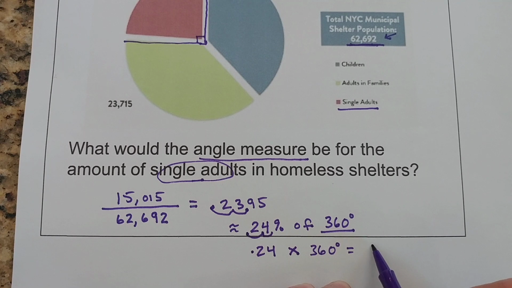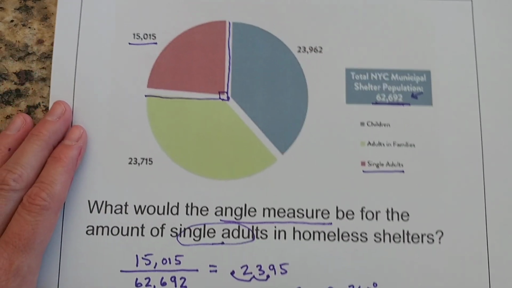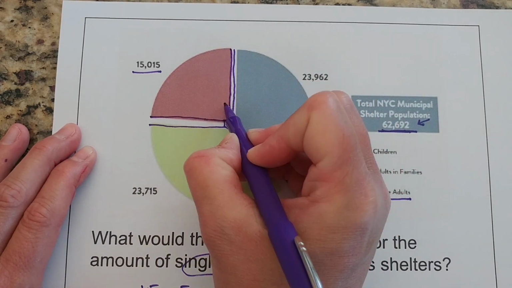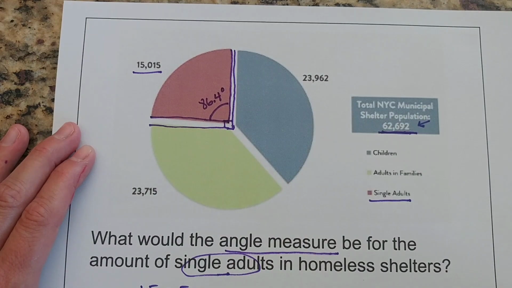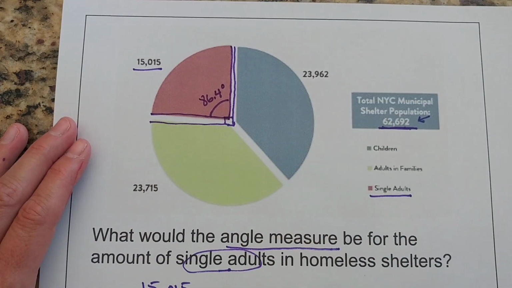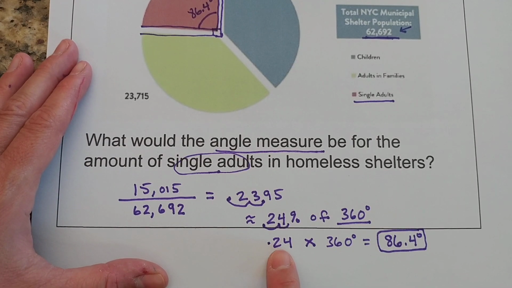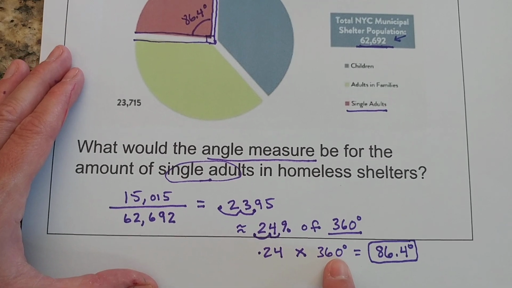When you do that, your calculator should say 86.4, and that would be degrees. 86.4 degrees. So the angle here for the red section would be 86.4 degrees, which is just a little bit less than 90 degrees, which is what we thought. So here again, we figured out the percentage, and we took percent of 360 degrees.